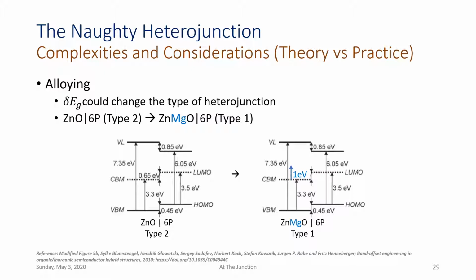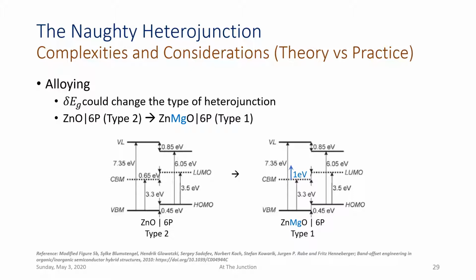Now, if the conduction band moves up by 1 electron volt, it means that the zinc oxide heterojunction with 6P has moved from type 2 to a zinc magnesium oxide heterojunction with 6P, which is a type 1 heterojunction.